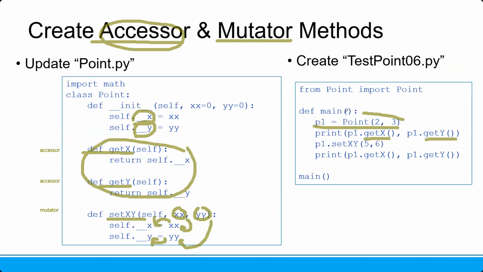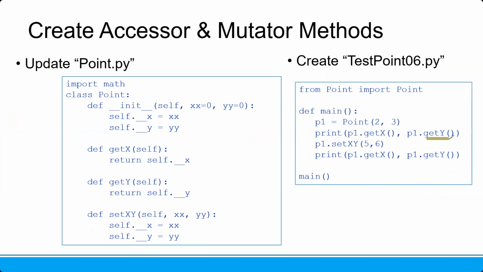So in this case, you still make the point with two arguments, which is 2, 3. Then I know that X is 2 and Y is 3. If I want to print the data, then I need to call the method getX and the method getY.